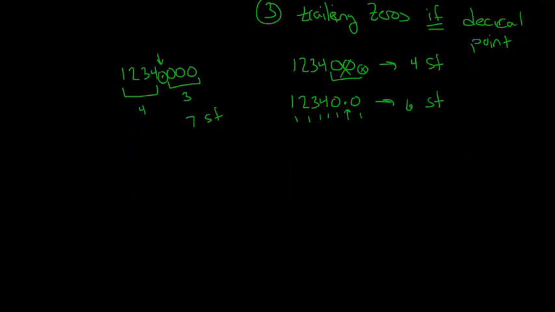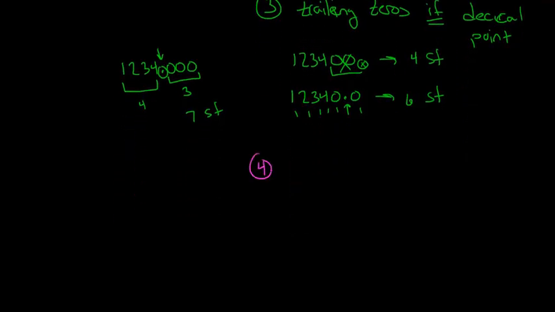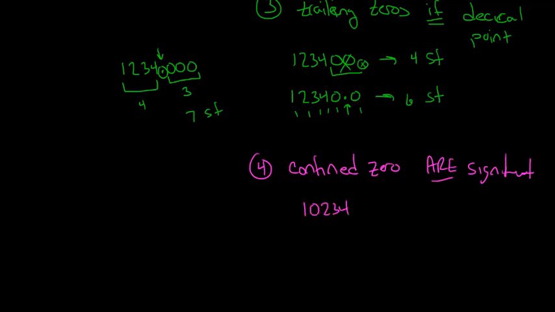And finally, rule number 4 is that trapped zeros or confined zeros, these are zeros that are between 2 non-zeros, are always significant. So if I have a number like 10234, this 0 is trapped between two non-zeros, so it is significant. So here I have 5 significant figures.